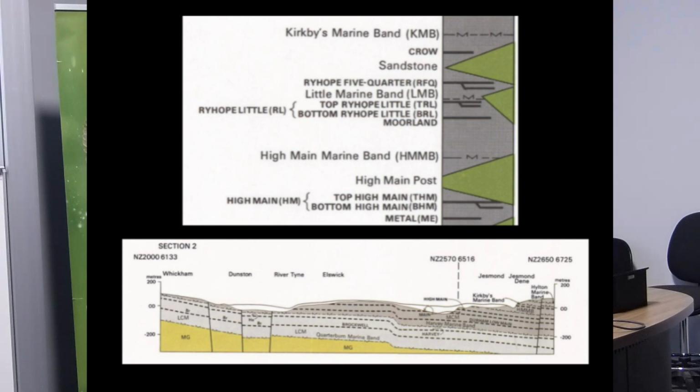All the greys are the coal measures. The major coal seams are marked on here in the dashed lines. Marine bands are marked on as well. And this bottom MG, that's the Millstone Grit, which we don't really have up here, but we'll talk about that another day. And what you can see on here is that these are all sedimentary rocks.